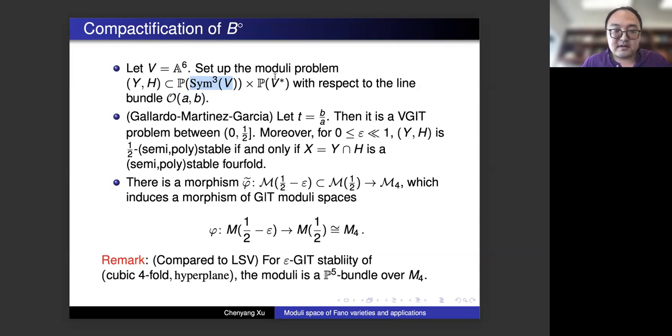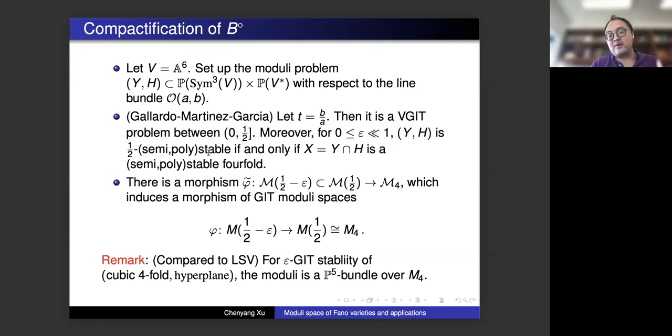Here I don't need this epsilon; epsilon is for below. If I look at the 1/2 point, then the semistability of Y and H is precisely equivalent to the stability of the intersection, the stability of the fourfold. So this is the 1/2 part.